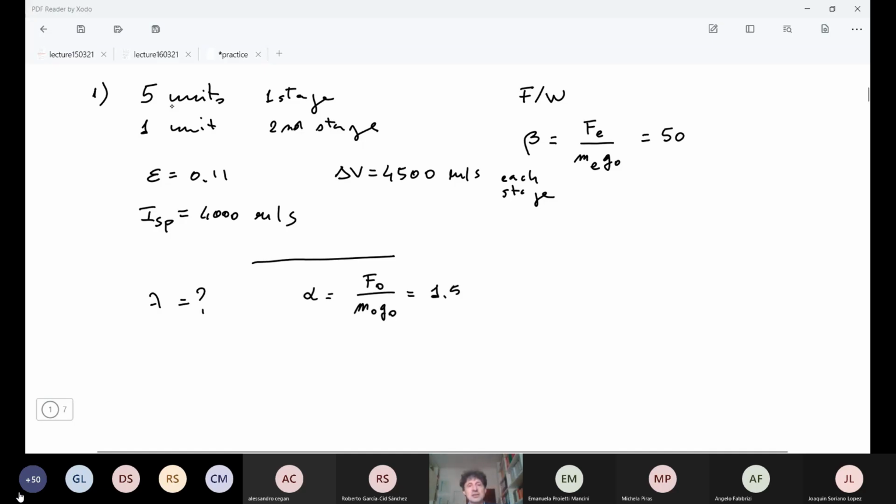This is related to the whole rocket, not only the engine. We would like to calculate this lambda and also the final acceleration of the first stage, the initial acceleration of the second stage, and the final acceleration of the second stage. We can also compare the results we obtain with those obtained without considering the engine mass.